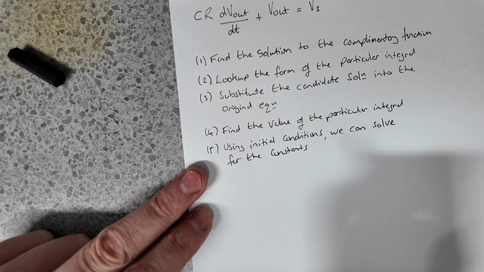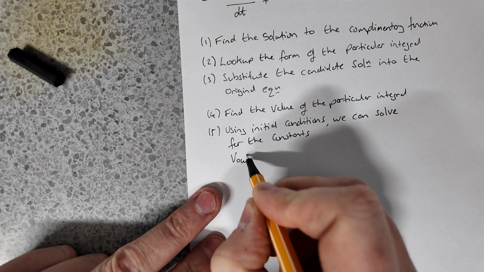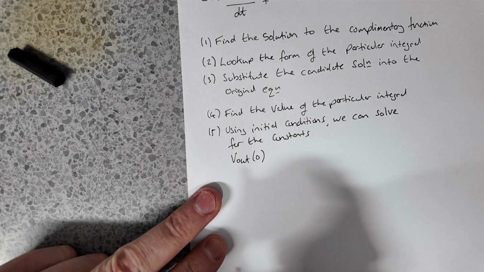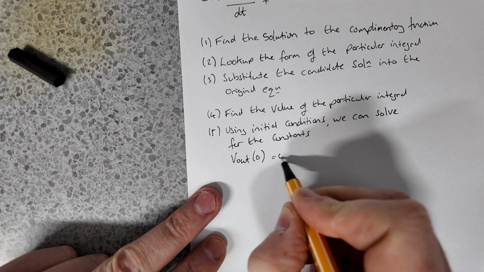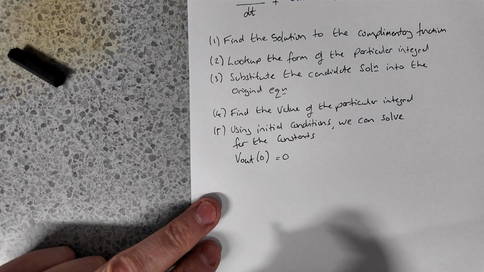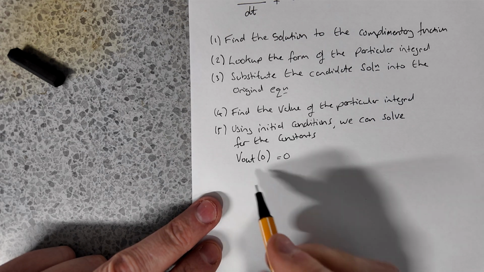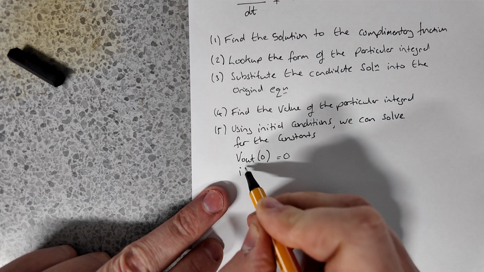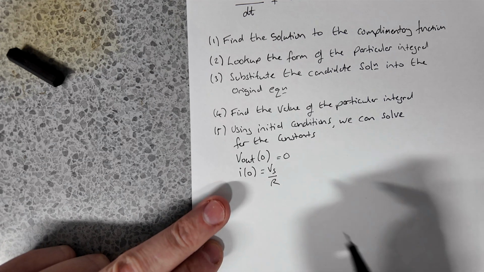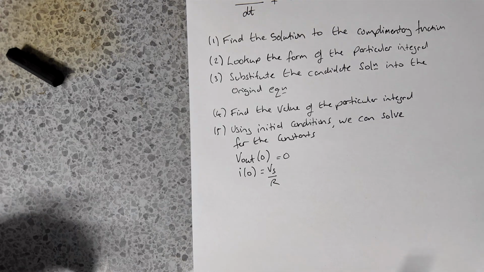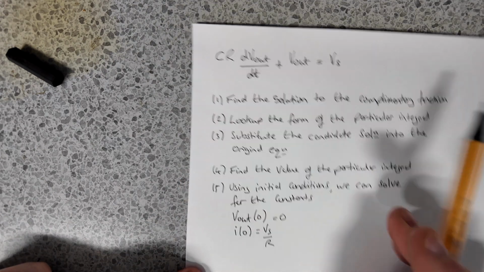So in our circuit, we know that the initial condition, V out at time 0, the voltage across the capacitor as soon as the switch is closed, is equal to 0. We could also use other initial conditions which are equivalent. For example, we know that I of 0 is Vs over R, but that's not what we're going to do here. Right, so we're going to work through these steps for our expression up here.